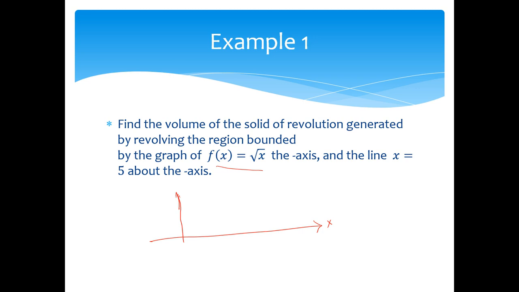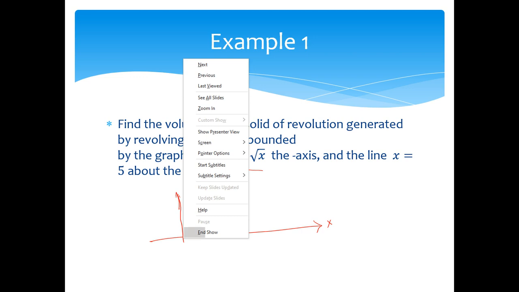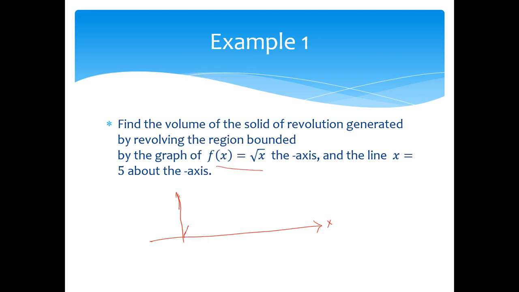This is a square root function that looks like this. If we revolve this square root function, we're going to get a shape like this. This is the shape that we are interested in finding the volume of.